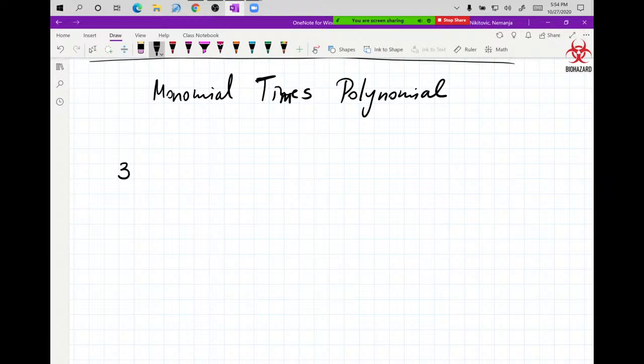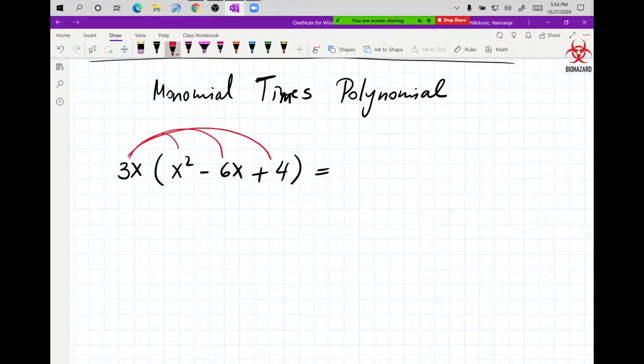So if I have 3x times x squared minus 6x plus 4, we will distribute 3x into every one of the members of the parenthesis. So let's see, try this one on your own, and then I will work it out in 18 seconds. No pressure.